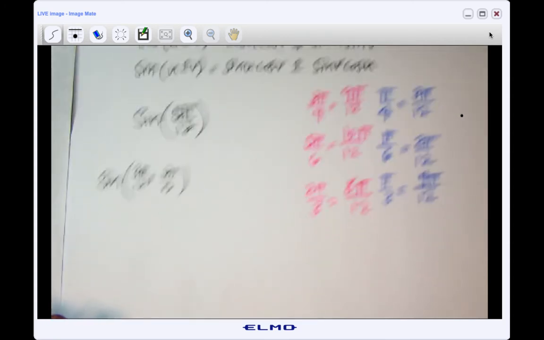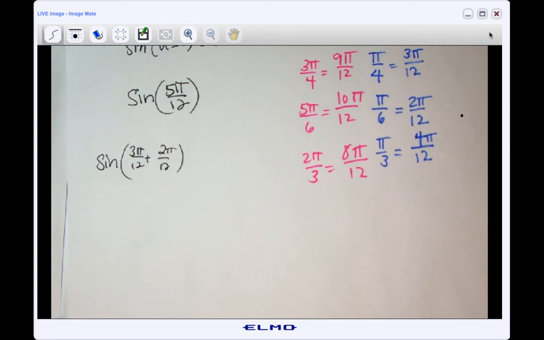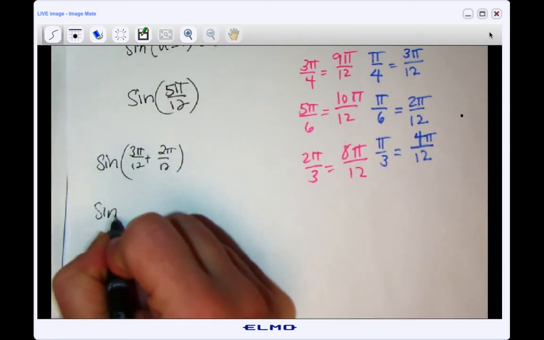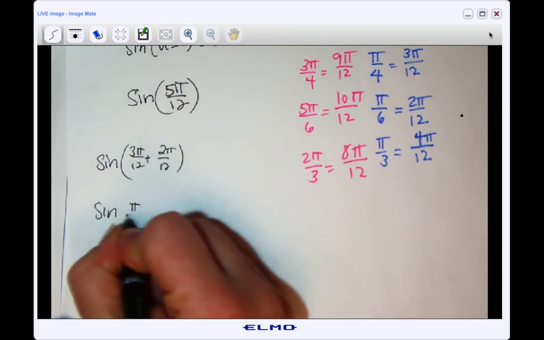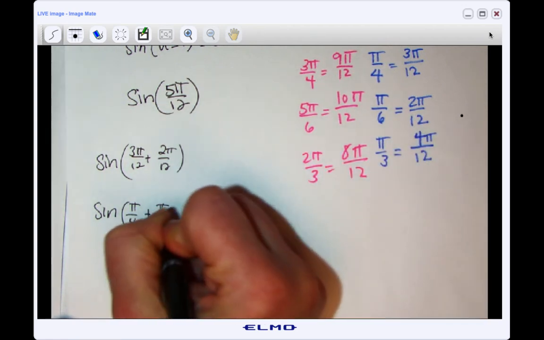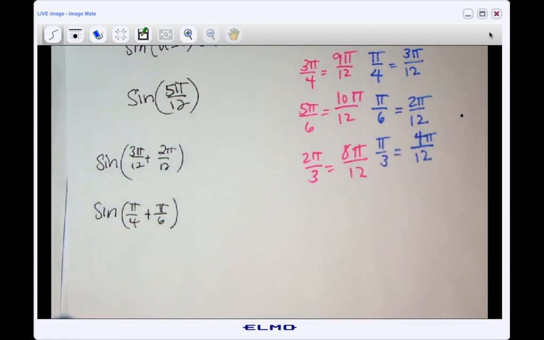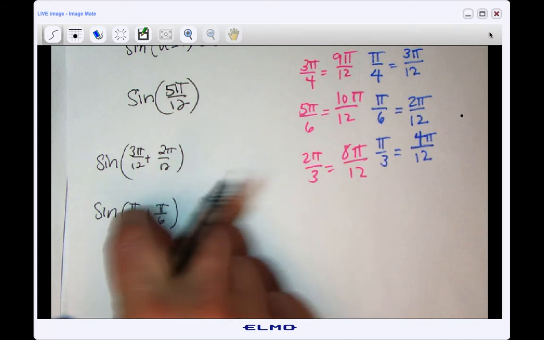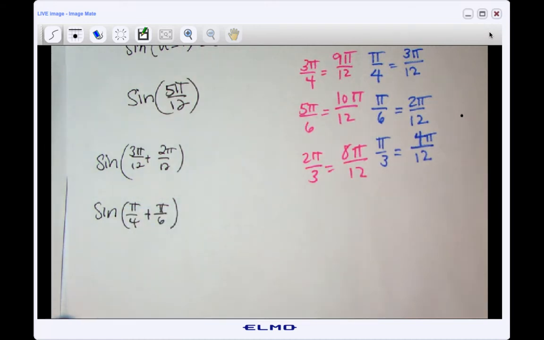So if I think about it that way, then the other way I could think about it is actually as sine of pi over 4 plus pi over 6. And again, I could switch these the other way. It doesn't really matter because if I add them the other way, it's the same thing.